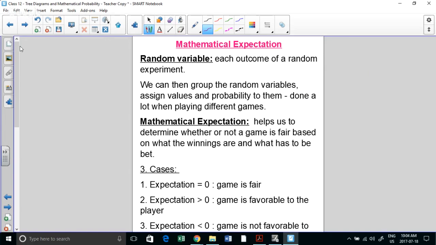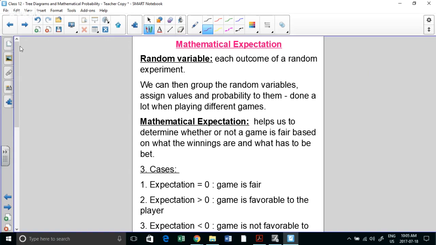Essentially what this is used for is playing different games, arcade games, casino games, fair games, like the traveling fairs outside. We are going to be taking outcomes, assigning values to them, and calculating the mathematical expectation based on that.